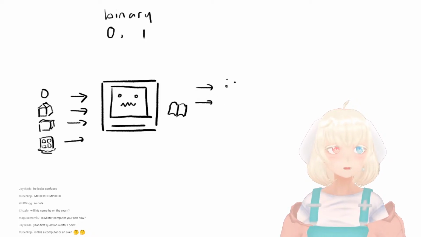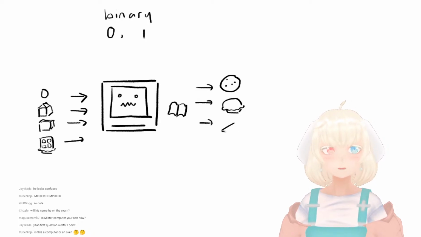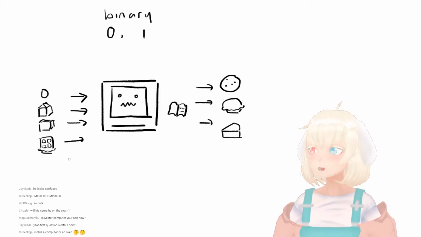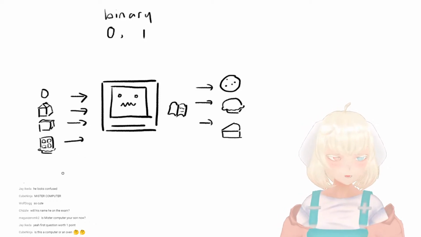He can give us cookies or muffin, maybe even like a cake. But yeah, it really depends on whatever the instructions here tell him to do. And we can sort of represent what he's doing like this.